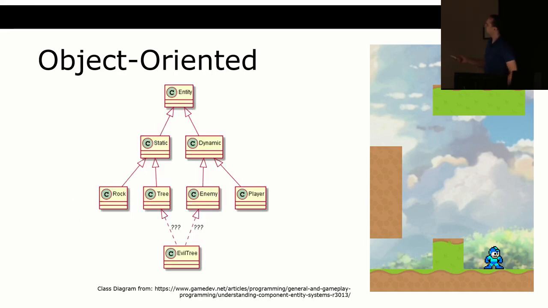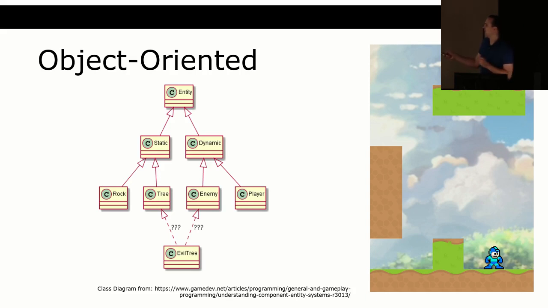So what we could have is something like an entity base class up on top, and then maybe we have a bunch of different things in our game. This is really small, so I'll read it out. Over here maybe we have static entities that don't move, or we have dynamic entities that do move. For example, a dynamic entity might have to have something like a velocity, whereas a static entity would just have a sprite or a texture or something like that.